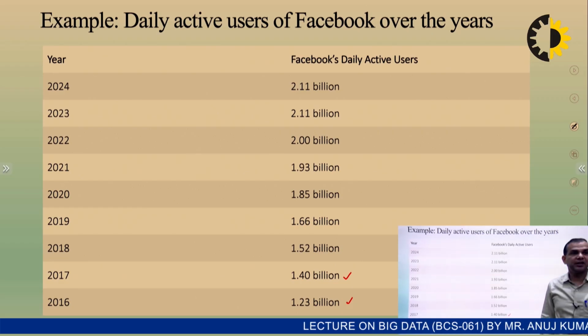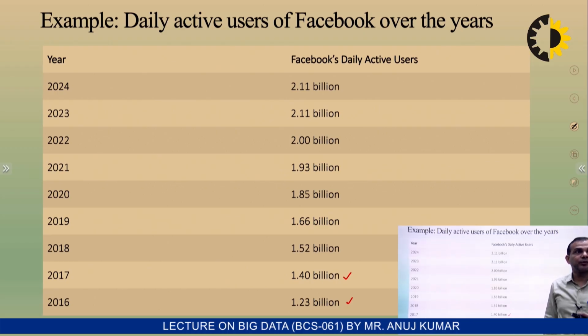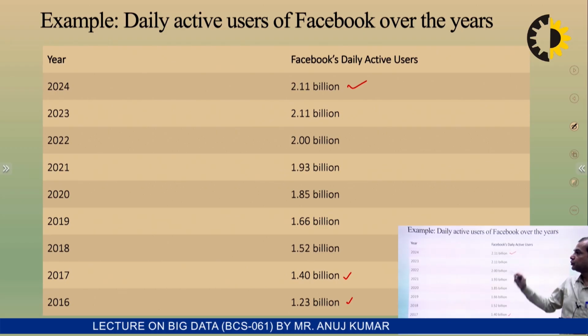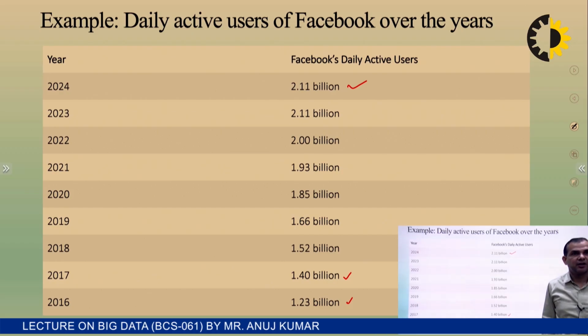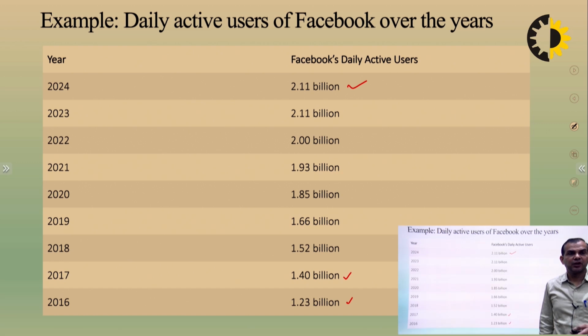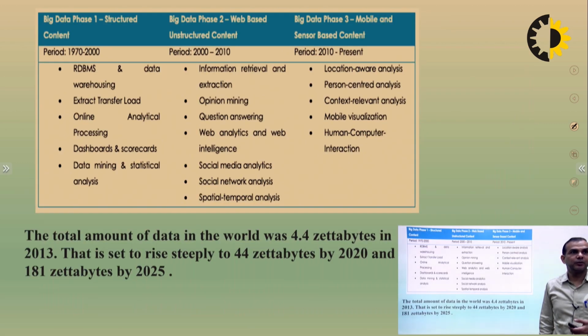In 2018 it was 1.52 billion, and in 2019 it grew further, and by 2024, taking the data here, it will be around 2.1 billion Facebook daily active users who produce a huge amount of data. So this is the daily active users of Facebook in each year, who produce the data.